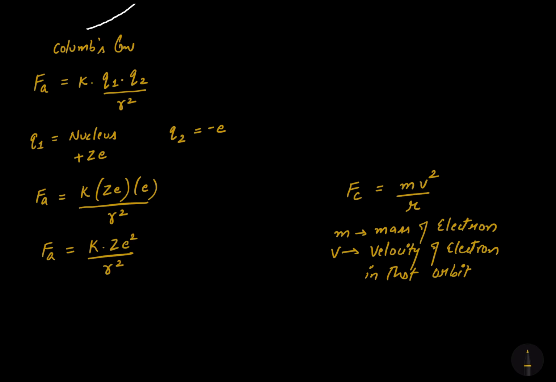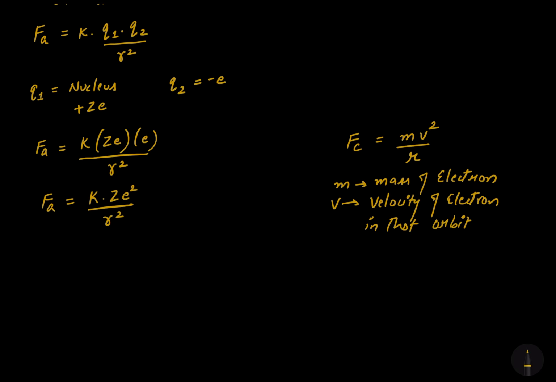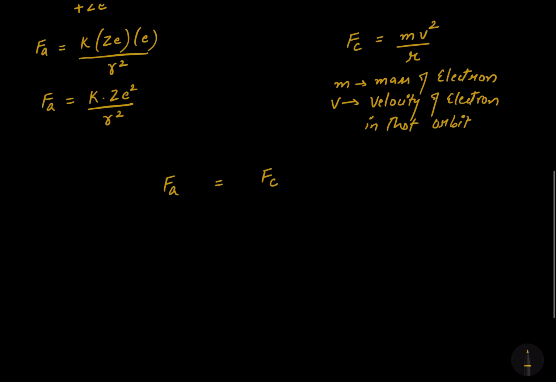Now, Bohr sir told in his postulates that the centripetal force, that is Fa, must be equal to the centrifugal force, that is Fc. So I'm putting down the values. The centripetal force is k Z e square divided by small r square, and the centrifugal force is m v square divided by small r.